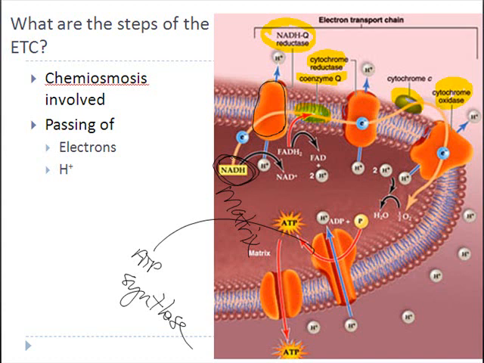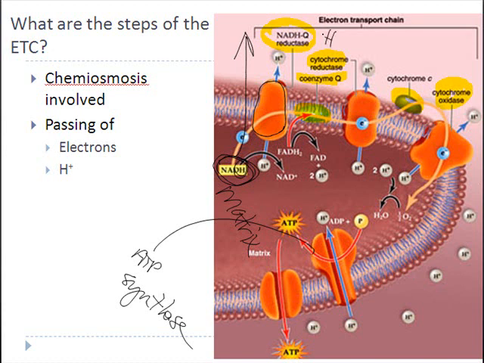It's going to take the NADH and strip off the hydrogen. And that's going to cause that hydrogen to get moved over to the outside, out of the matrix, and into the fluid that surrounds the inner membrane here.